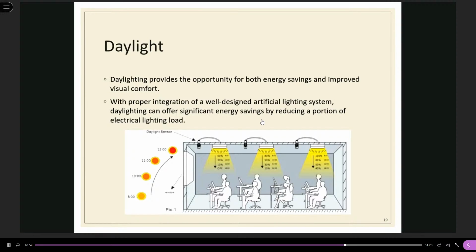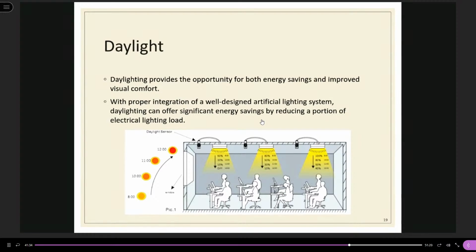Flicker-free means that fluorescent and LED lighting actually flicker at a very high frequency so that we cannot perceive it, but daylight is flicker-free. It also has the best light quality in terms of color rendering, color temperature, and appearance, and we feel happier when we have daylight and also sunlight.